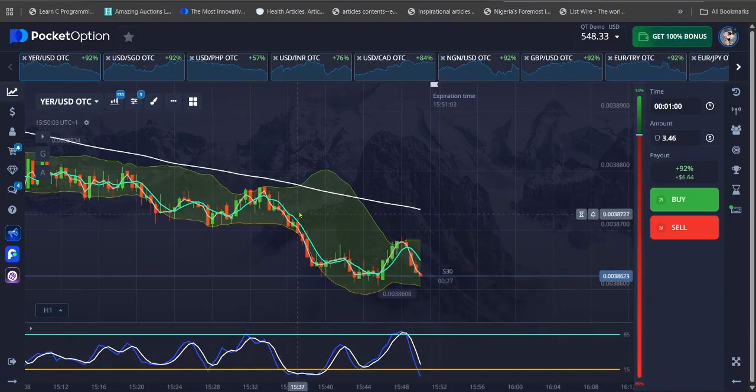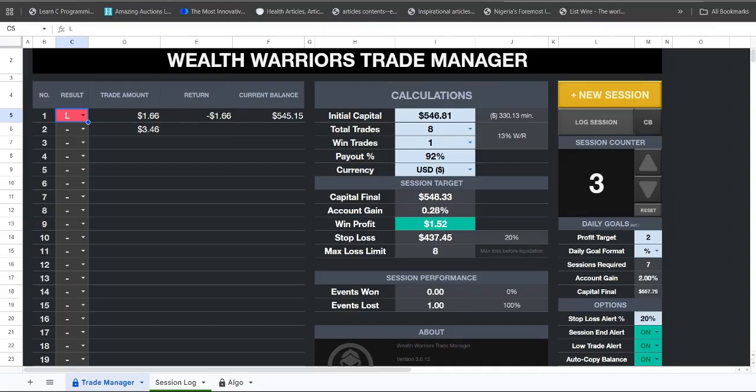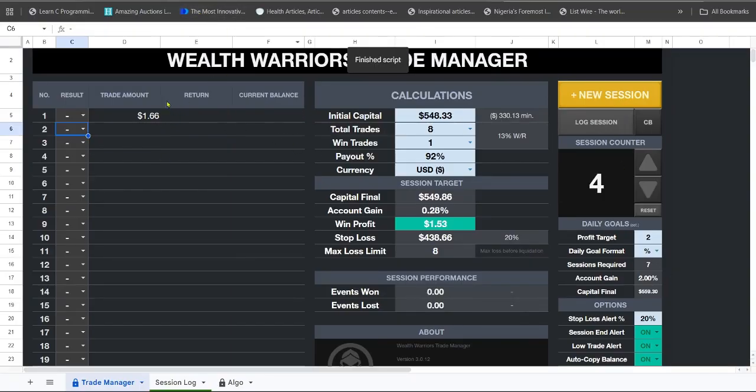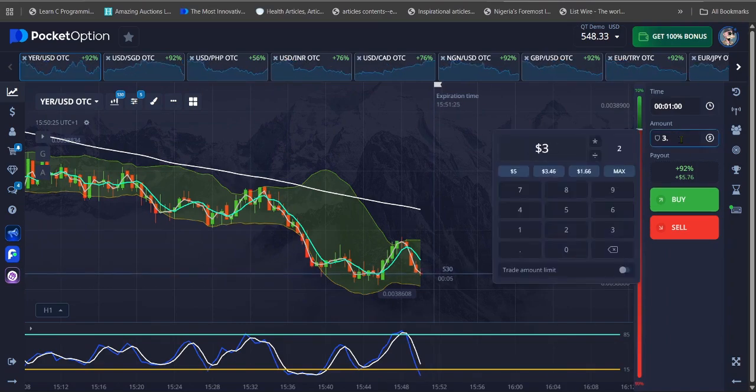So I knew there was going to be a reversal, and that's why we took that trade, and it's a win for us. So we have 3 more trade sessions to go.